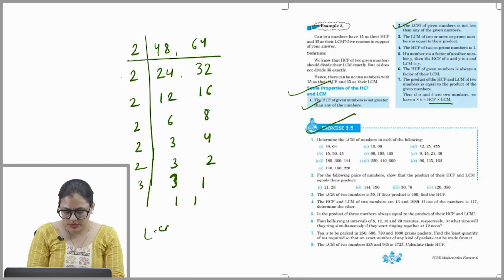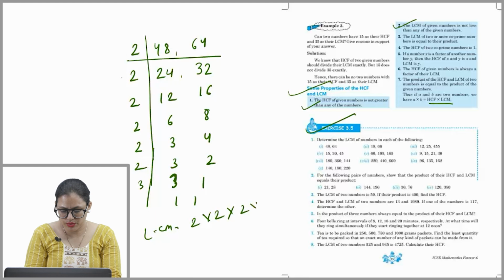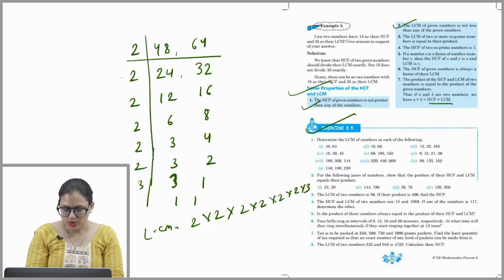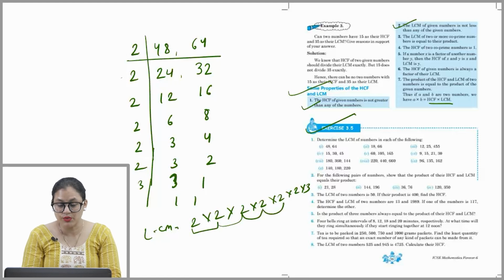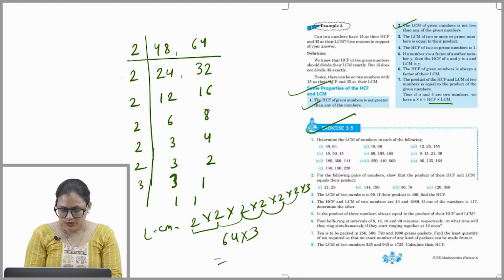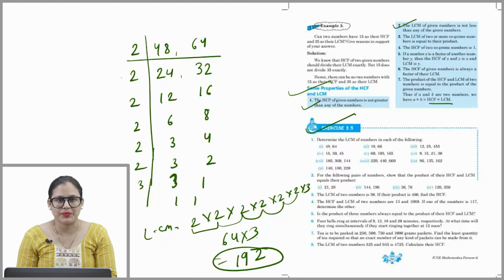Now LCM is what? 2 into 2 into 2 into 2, then 2 into 2 into 3. 2 2s are 4, 4 2s are 8, 8 2s are 16, 16 2s are 32 and 32 2s are 64, into 3. 3 4s are 12, 3 6s are 18 plus 1 is 19, so 192 is the LCM. Okay.